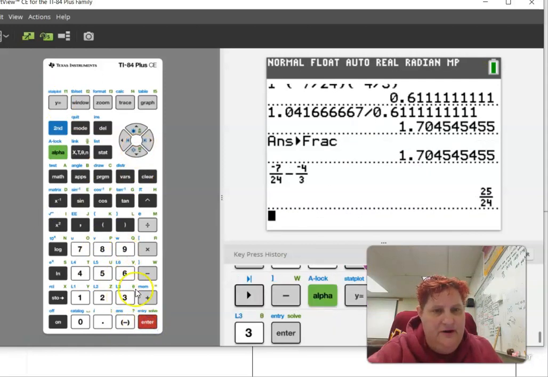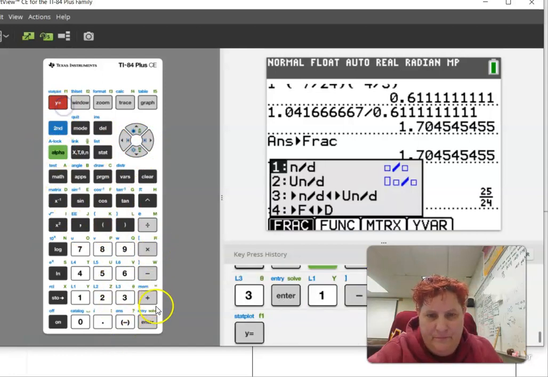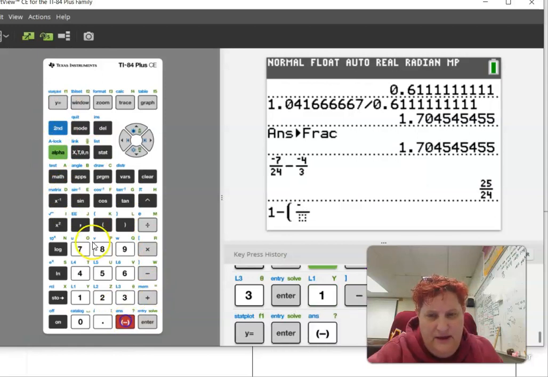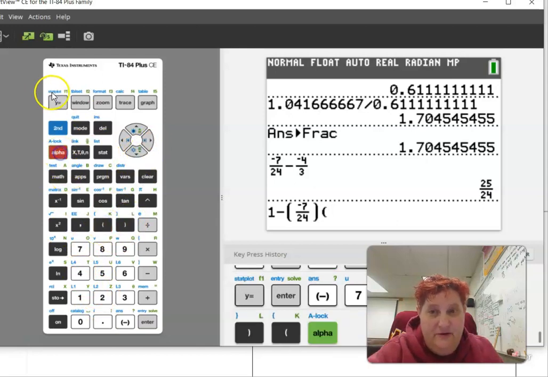This will put that in a fraction for me. On the bottom, I go 1 minus parenthesis, okay, negative 7 over 24 times alpha y equals, okay, it takes a second, negative 4 over 3.